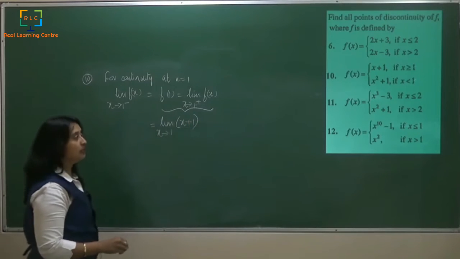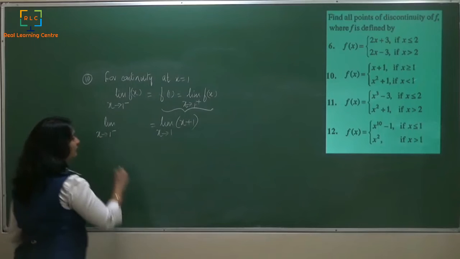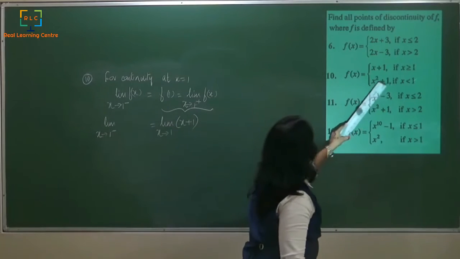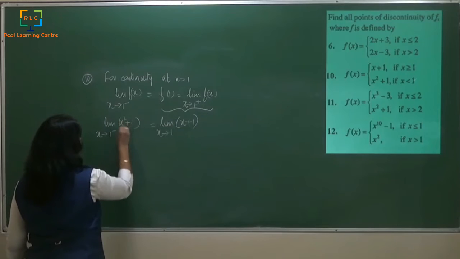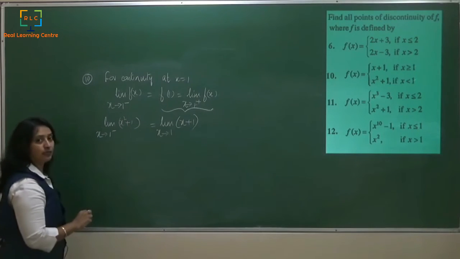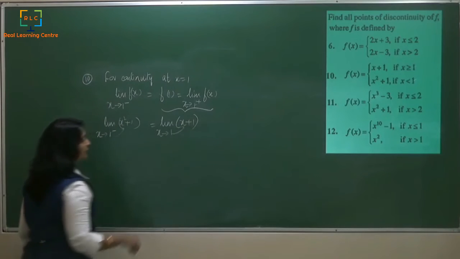Next, on this side, limit when x is less than 1, that is 1 minus, they have given x square plus 1. So I'll write x square plus 1 in the place of f of x and then plug in x is equal to 1. Here also I'll put x is equal to 1.